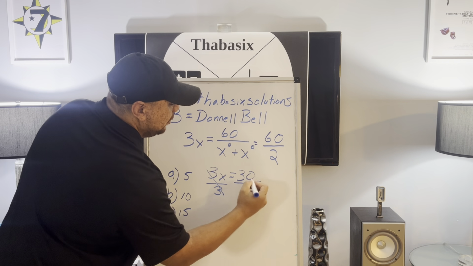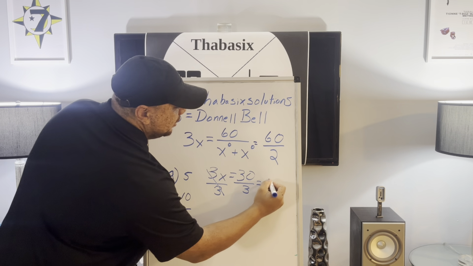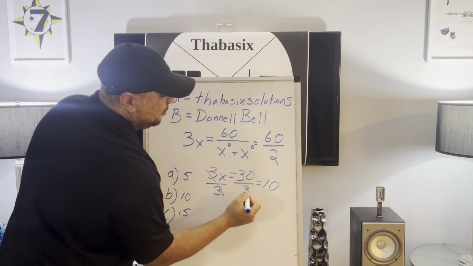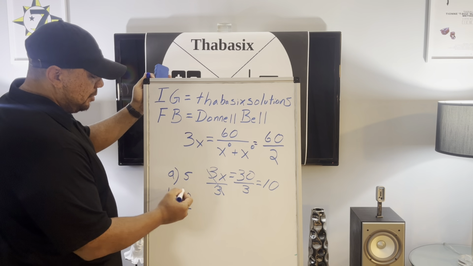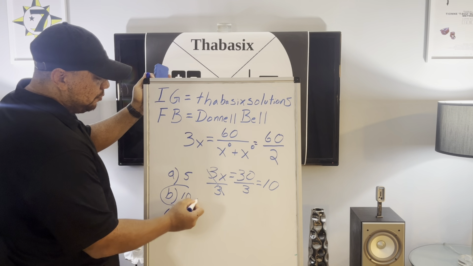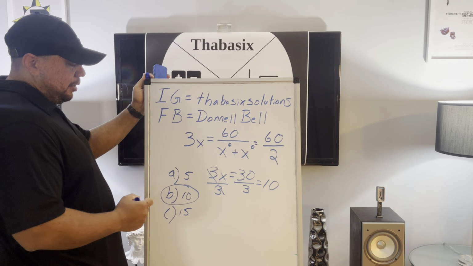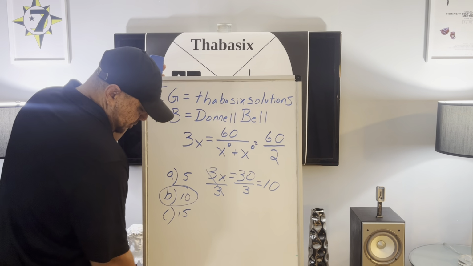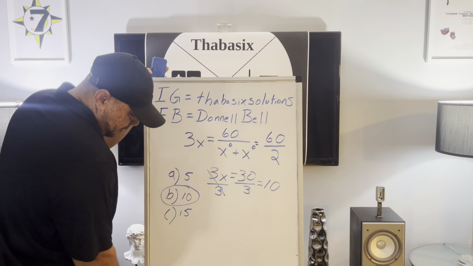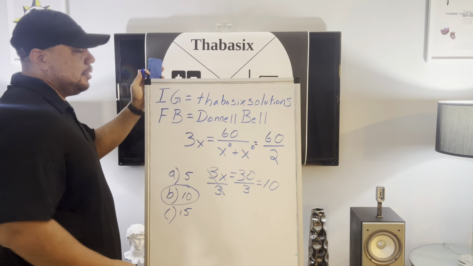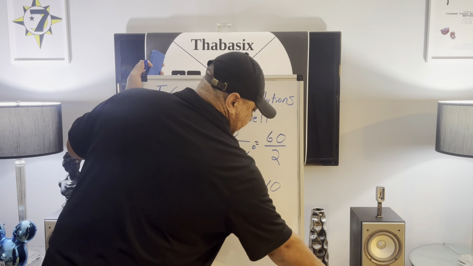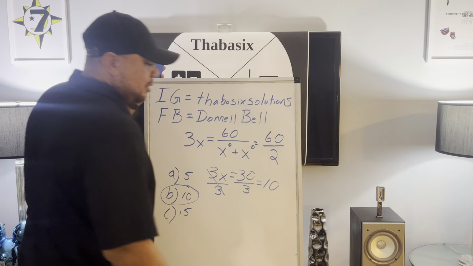And x would equal 10. 3 goes into 30 10 times. So the answer was B for anyone who was curious. So B, 10.